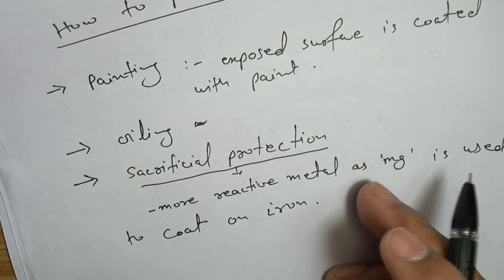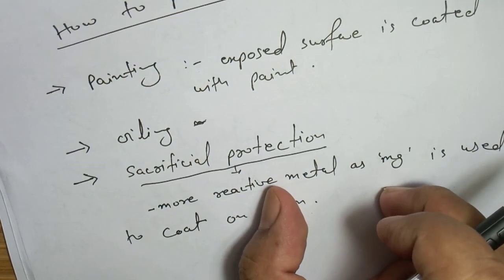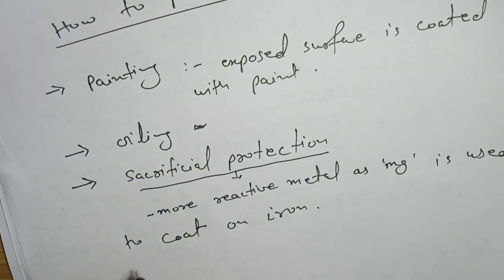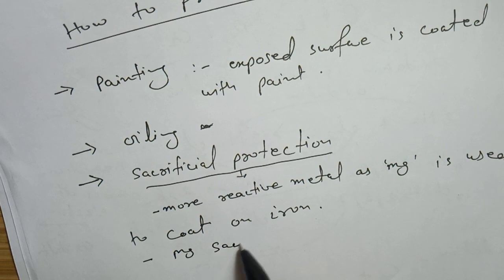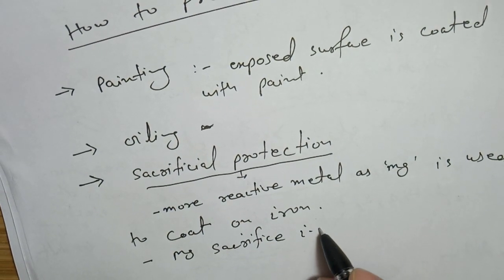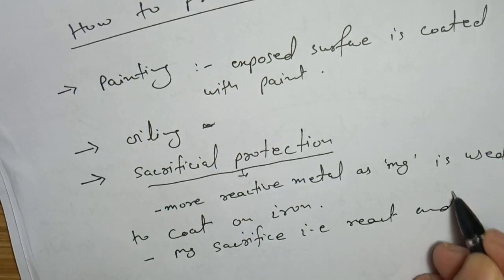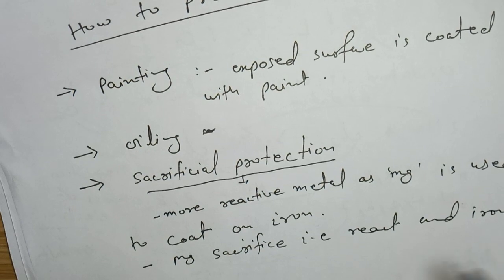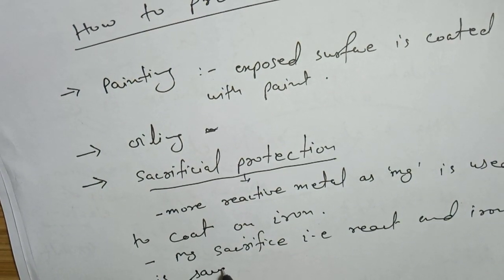So what happens here? Magnesium sacrifices for iron. So what is happening? Magnesium sacrifices, i.e. reacts, and iron is saved.